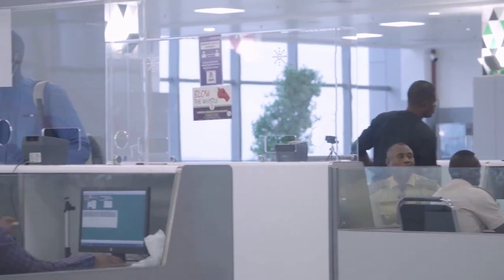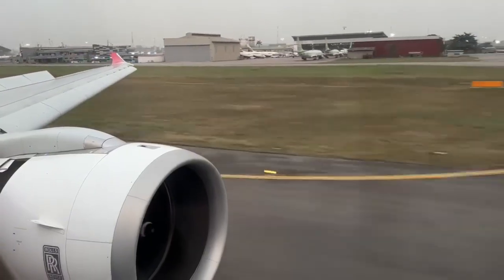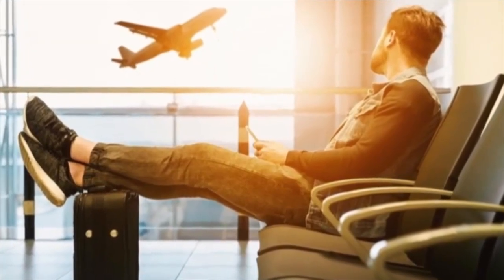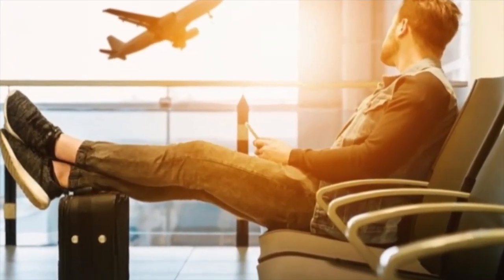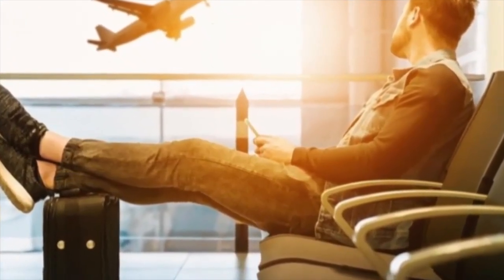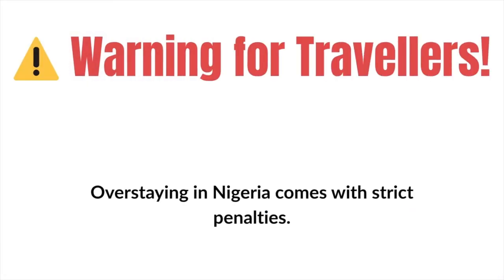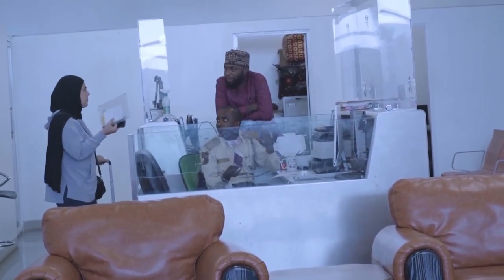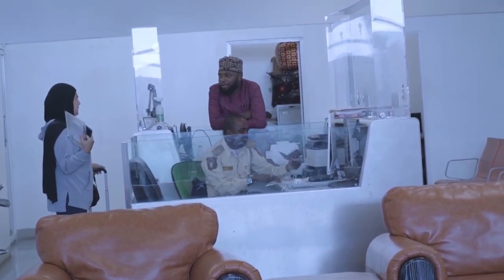Always wait for the approval email, and you cannot enter before the valid start date on your visa. Trying to arrive early, even by a day, can result in being turned away at the airport. And if you overstay by 1 day, you will face penalties, fines, and possibly a travel ban until it is resolved. Nigeria is very strict about overstays.